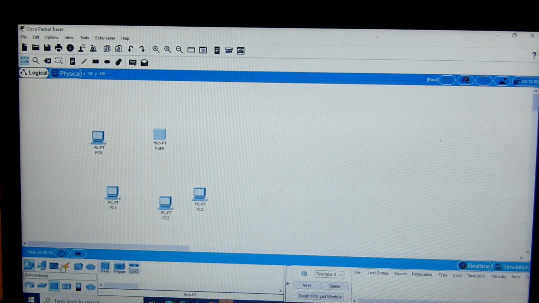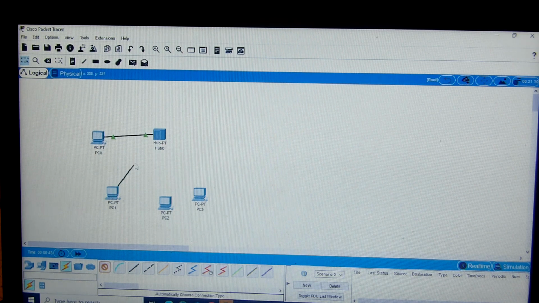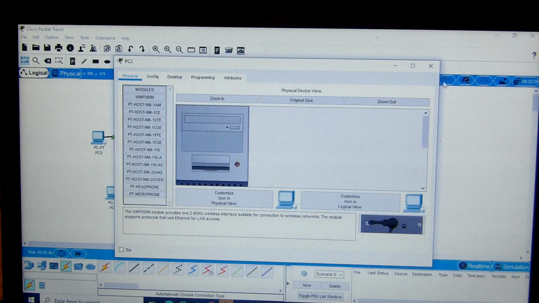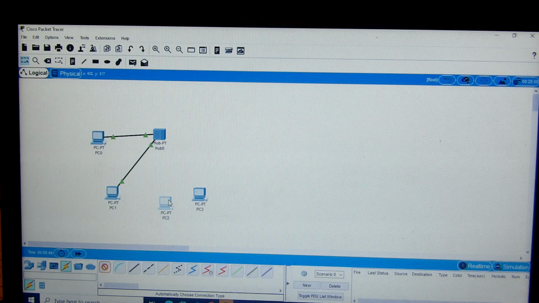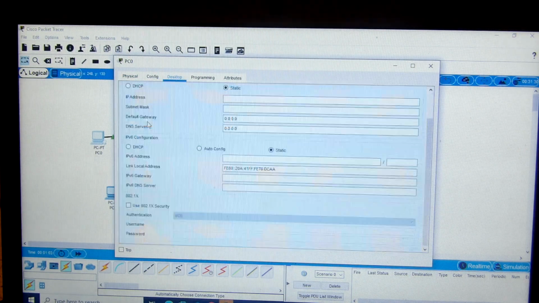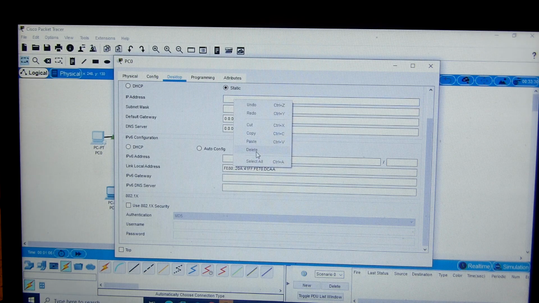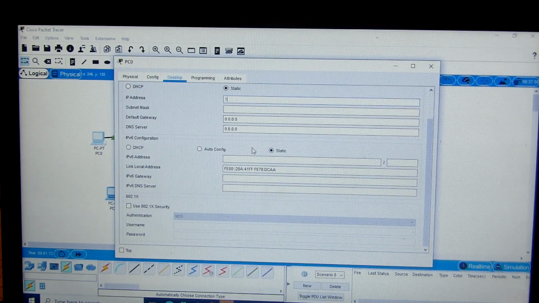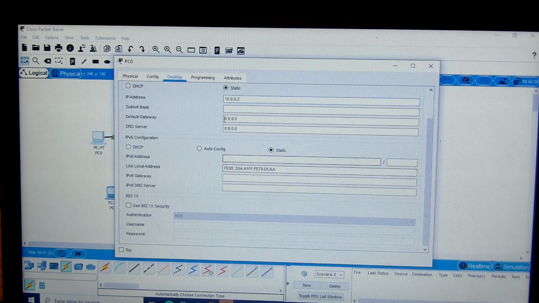And then we connect those. Okay, we just give an IP address, 10.0.0.2, for example.